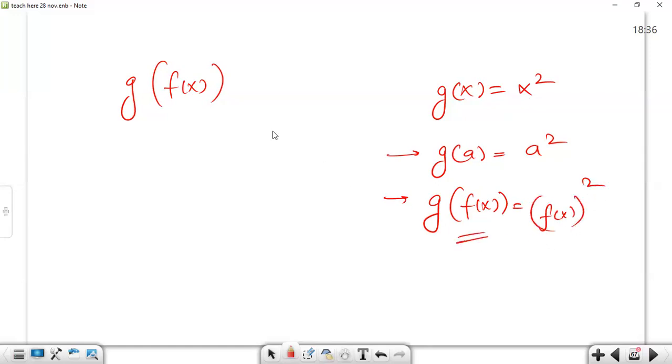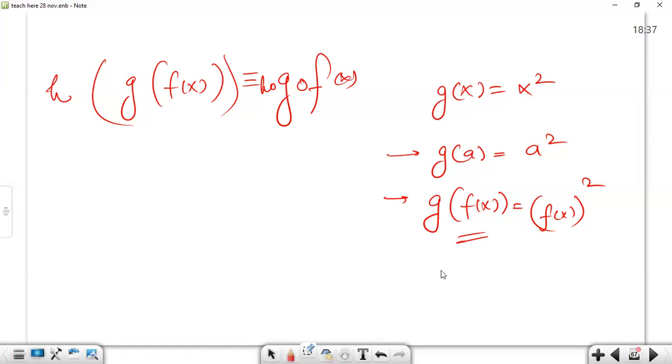So this is the composition function. It is equivalent to writing G composed with F. Clear? Yes, sir. And if I further add another function there, let's say F, G, H, then it will be H of G of F.